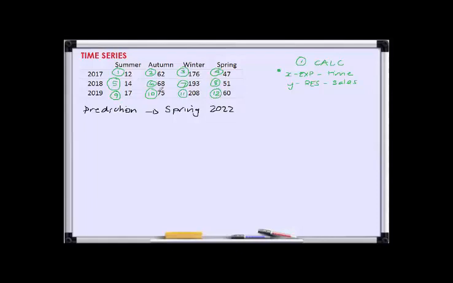So these points here now form our X and our Y columns on our calculator, where my X's are numbered from 1 to 12 according to these green numbers, and my sales, or my Y, I'm probably going to call them S for sales, will be the black numbers listed for the sales.